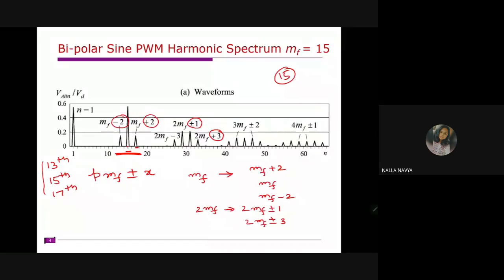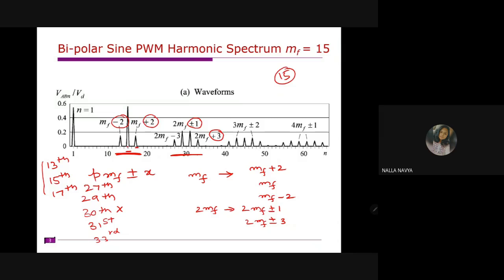So whereas at 2MF, there is no harmonic at the 30th, and you have the 29th order harmonic, the 31st order harmonic, and you have the 27th and 33rd order harmonics. Got it?